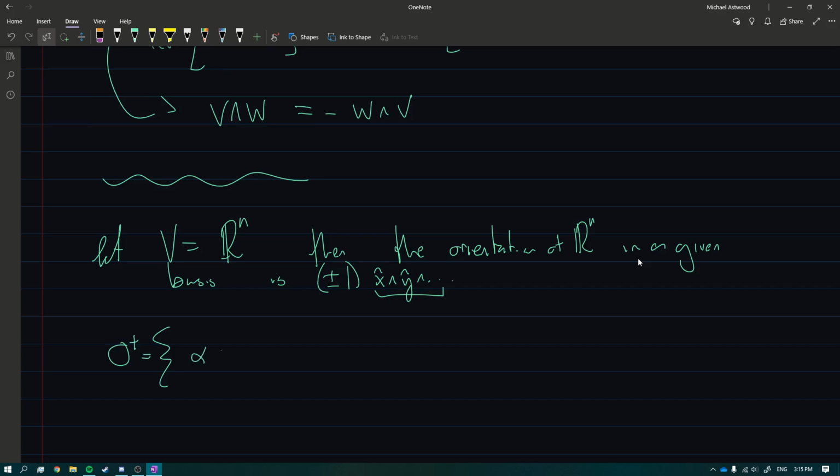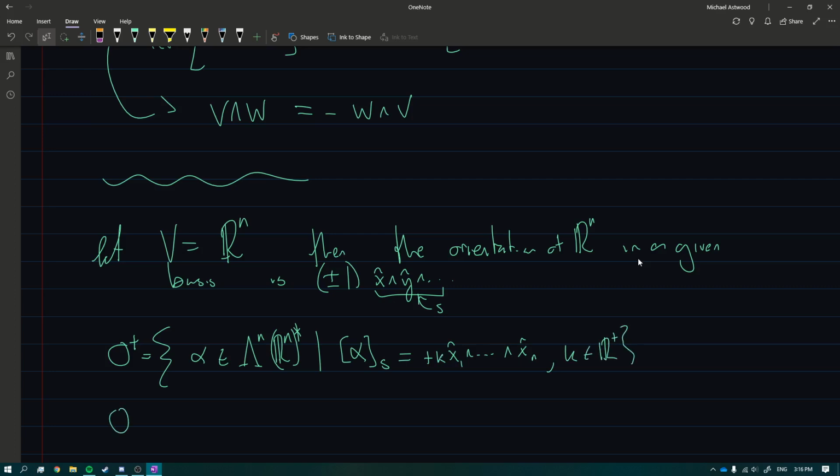So it's the set of all alpha in lambda n of Rn star, such that alpha in the standard basis, which is this one, is equal to positive k times x hat wedge dot dot dot wedge xn hat, with some constant k that is in the positive real numbers.